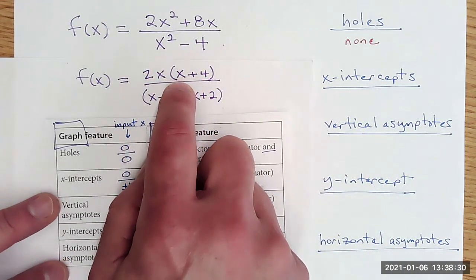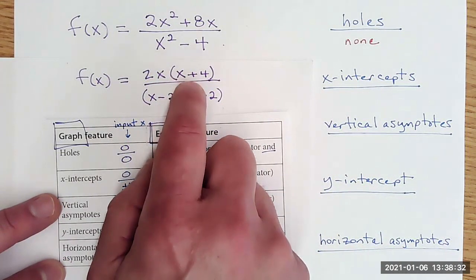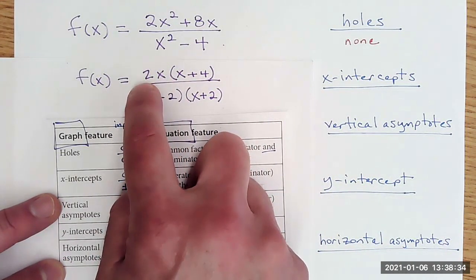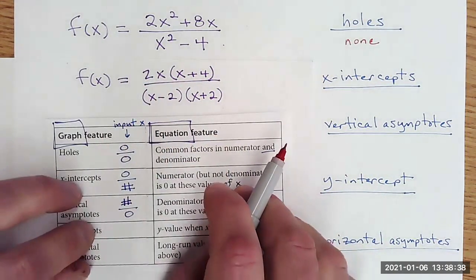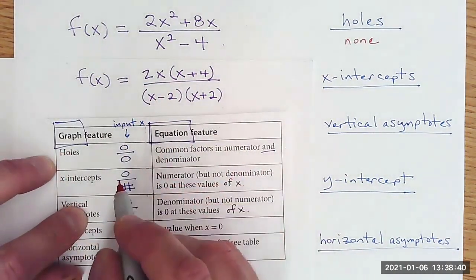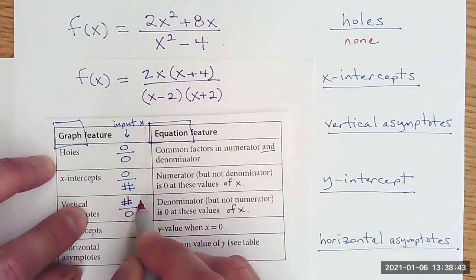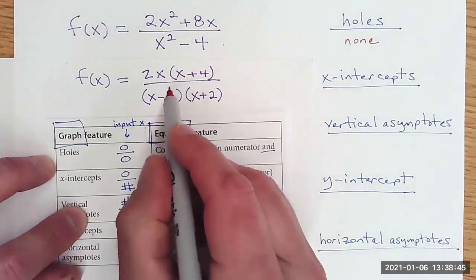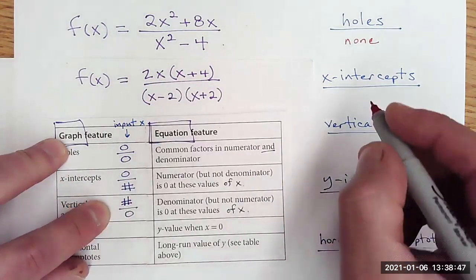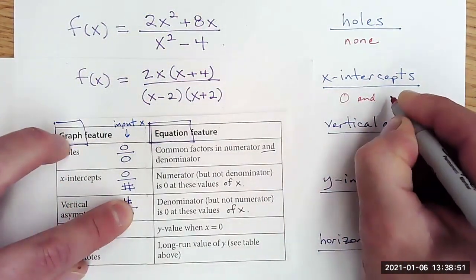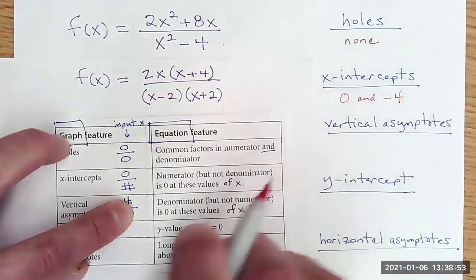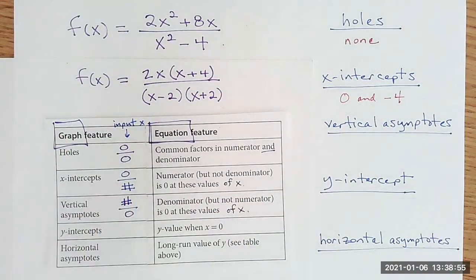Inputting a negative 4 for x would give us 0 times negative 4 times 2, which is also 0. So my values of x that give me a value of 0 overall are going to be 0 and negative 4. Those are my x-intercepts.